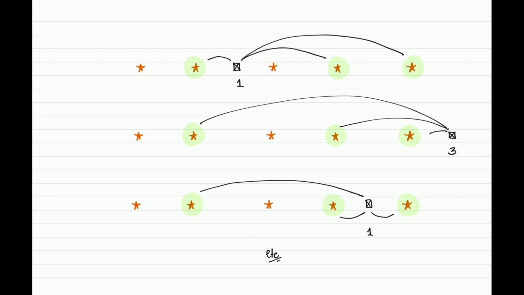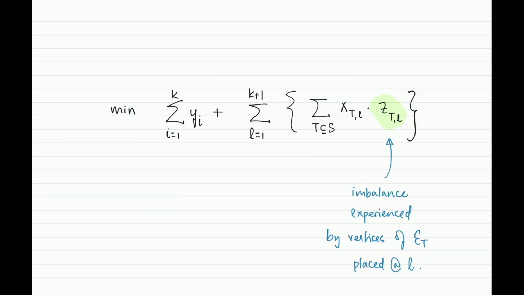So now that we have these constants in place, we know that the total imbalance contribution of the independent set vertices can really be thought of as z sub t comma L multiplied by the number of vertices from E sub t that actually land up at location L. Of course, x sub t comma L may be 0, in which case that just means that there are no vertices from E sub t at this particular location, and then the corresponding z sub t comma L will contribute nothing to this sum.